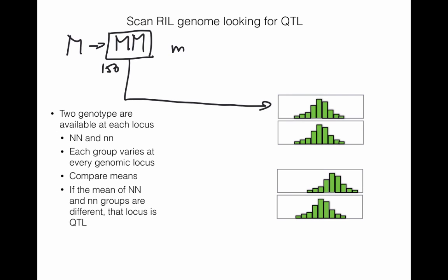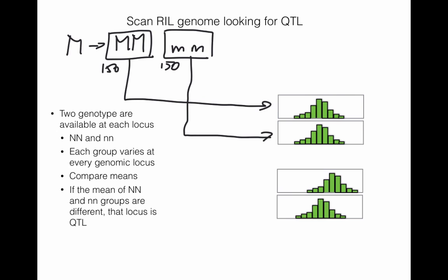Then for the M locus, we could look at the little m plants, and if we have developed about, let's say, 300 recombinant inbred lines, we may also find that there are 150 plants with this genotype, again varying everywhere else in the genome. And for these 150 plants, we would measure the phenotype and see what the mean is.